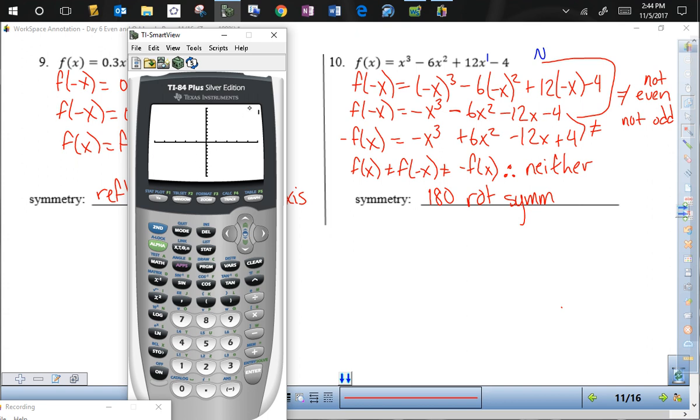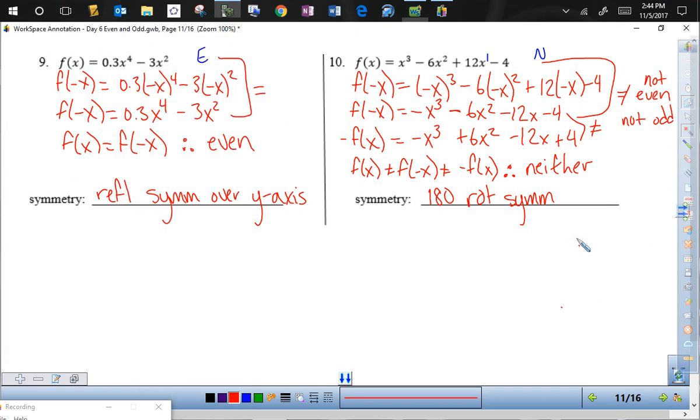Again, we don't have to worry about what that point is, but notice it does have that 180-degree rotational symmetry. If you extend your window, we'll just do a zoom 6 so you can see it a little bit better, you'll be a little bit more convinced maybe that you can rotate that down 180 degrees to get on that bottom branch.